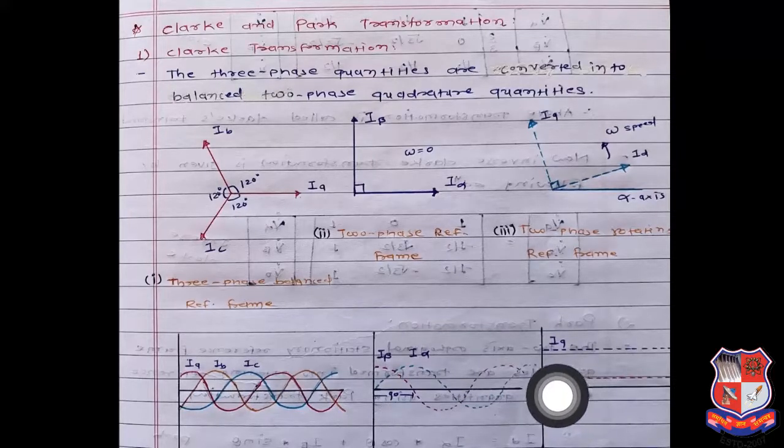Now for rotating, the constant terms id and iq will be obtained due to the reference speed omega.